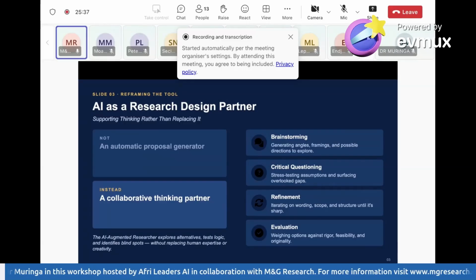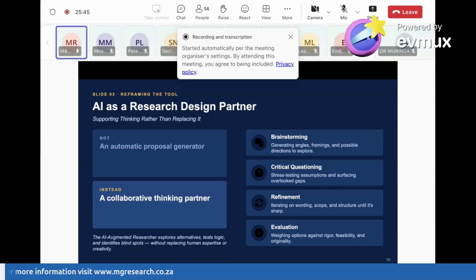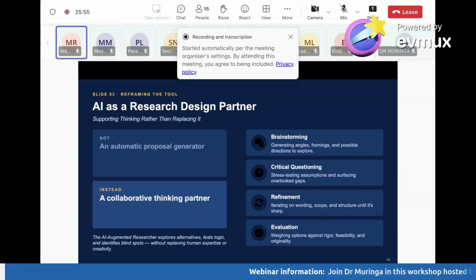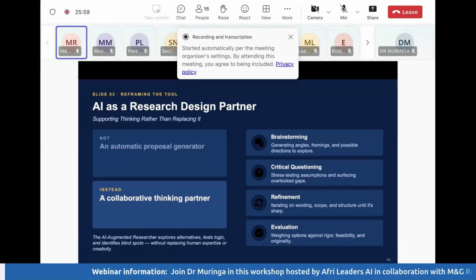You use it to test logic and identify blind spots without replacing human expertise or creativity. So key areas where we can use AI in this particular case would be brainstorming. You need to generate angles, framings, and possible directions to explore, critical questioning, stress testing assumptions, and surfacing overlooked gaps.